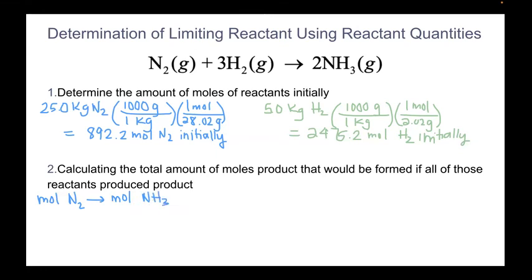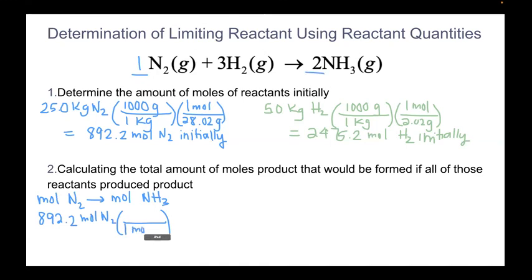When I do that, I plug in 892.2 moles of N2. And we know, because of my molar ratio, for every 1 mole of N2, it produces 2 moles of NH3.